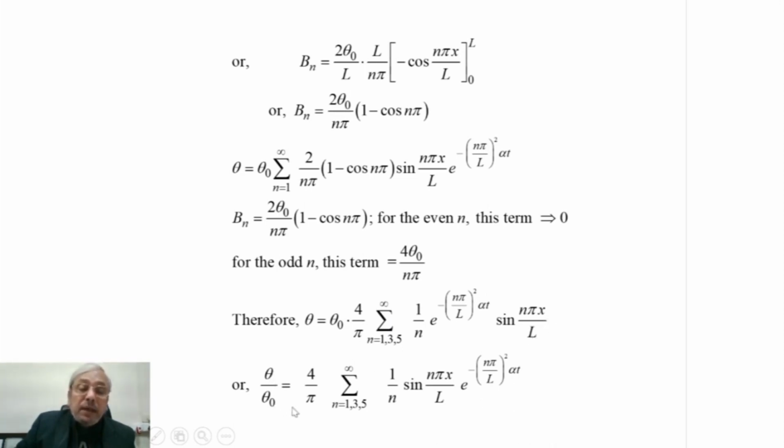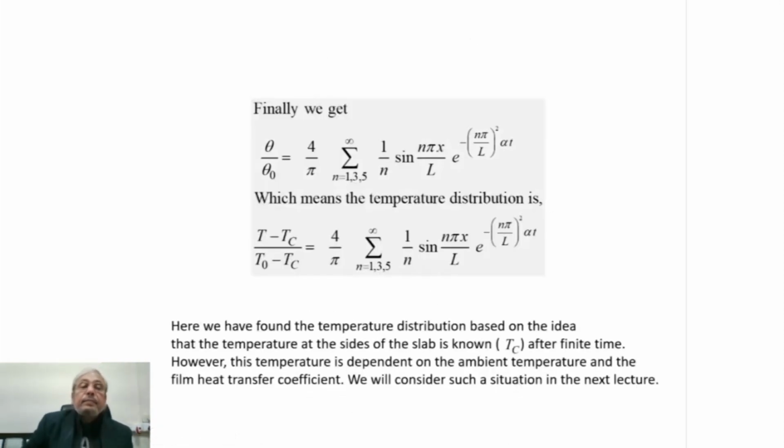So theta by theta naught is then 4 by pi into summation over all odd n's, 1, 3, 5 up to infinity, 1 by n sine n pi x by L e to the power minus n pi by L square into alpha t.